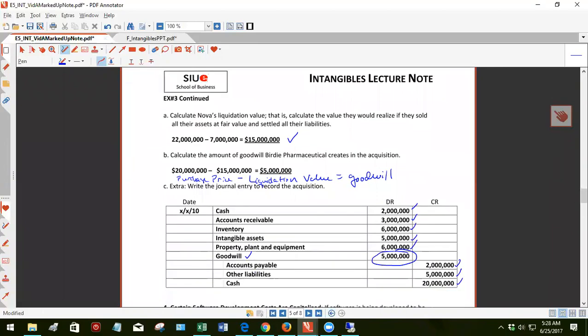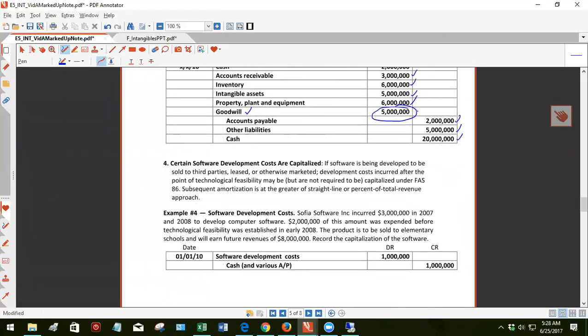Okay. And we're going to have software development costs. Let me just say that you should know that it's an exception. There is an example here, and this is similar to IFRS for all intangibles.